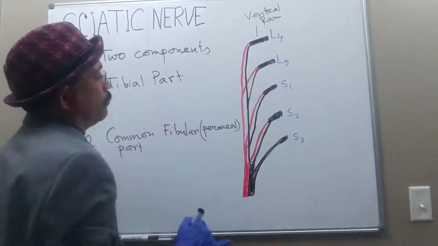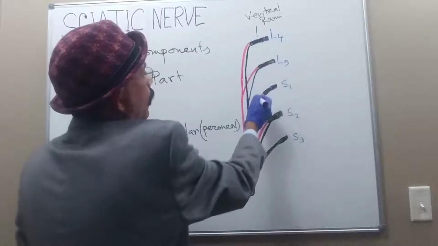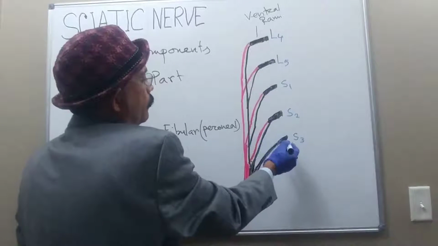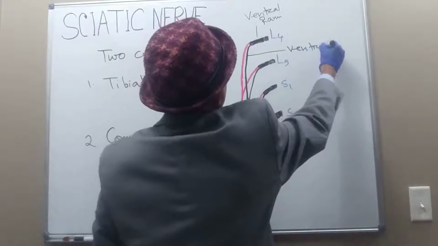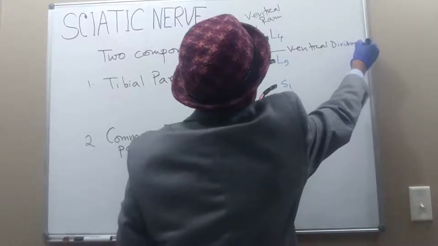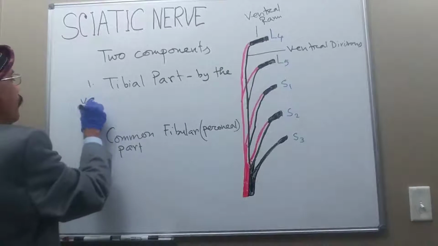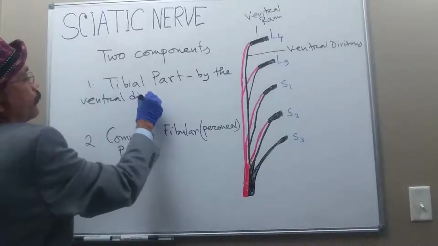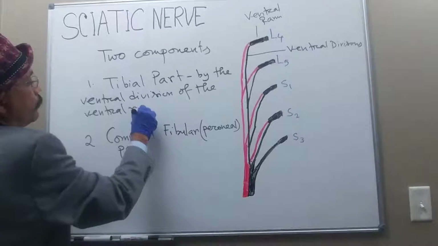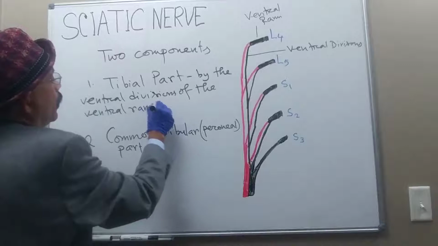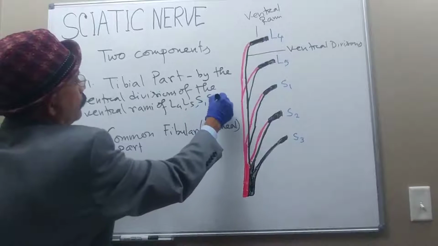So the tibial part is formed by the ventral divisions of the ventral rami of L4, L5, S1, S2, S3. So these are the ventral divisions.